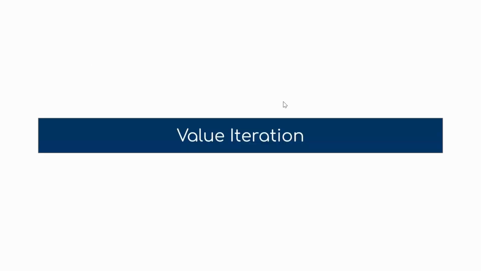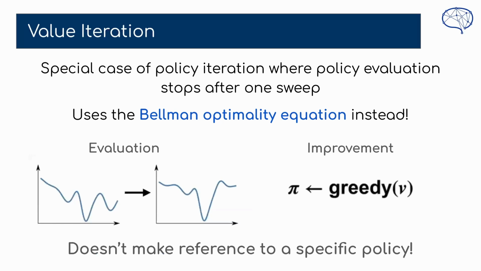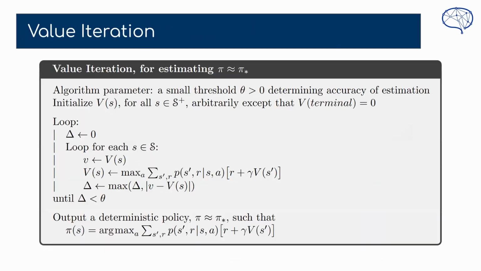I'm going to skip over value iteration because we're running out of time, and it's very similar to the policy improvement that we've done. But instead of going through all of the improvements and all of the evaluation, we're just concatenating that into one loop for each, and that's summarized right here.